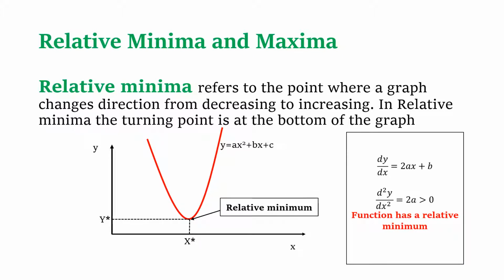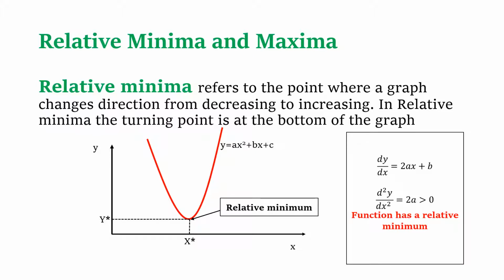So the point where the graph changes direction, from decreasing to increasing, is what is referred to as the relative minimum. So the relative minimum point here is that minimum point at the bottom of the graph, and the value of x at that particular point is referred to as the critical value.